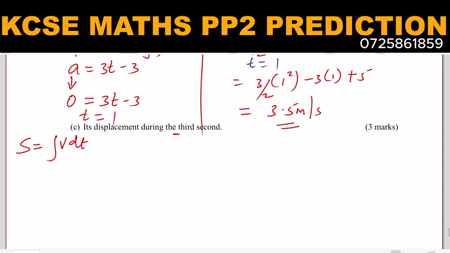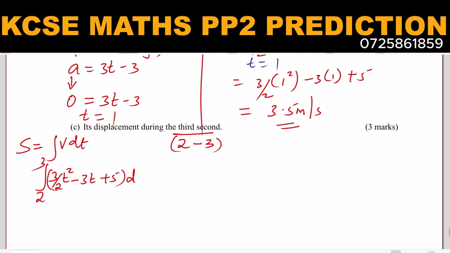Because it is during the third second, that means between the second and the third second. So we're going to integrate using those limits, from 2 seconds to 3 seconds. And we integrate what? Velocity: 3 over 2 t squared minus 3t plus 5.